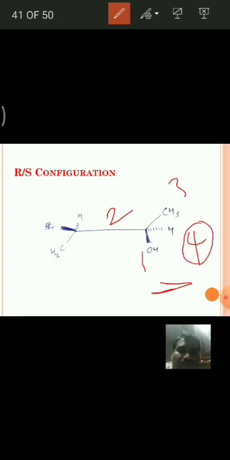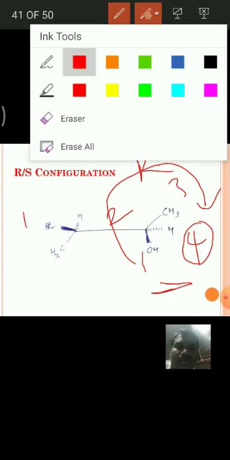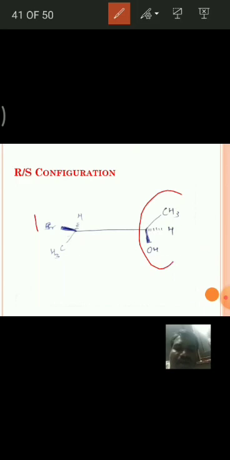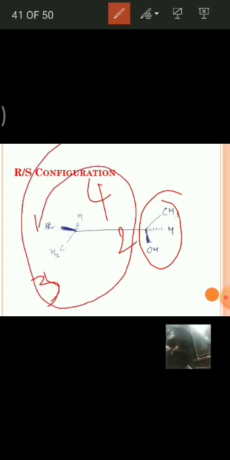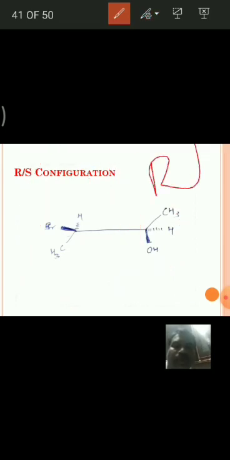Again fourth group is with hatched wedge, 1 2 3 R. In this also, let us say bromine is 1 and this group is 2, methyl is 3, hydrogen is 4. Again hydrogen is backside, 1 2 3 is like this, clockwise, again R.